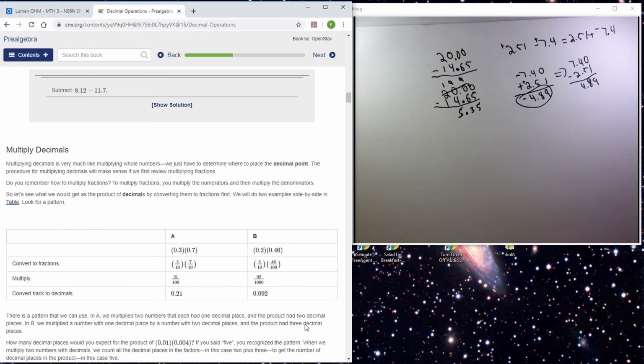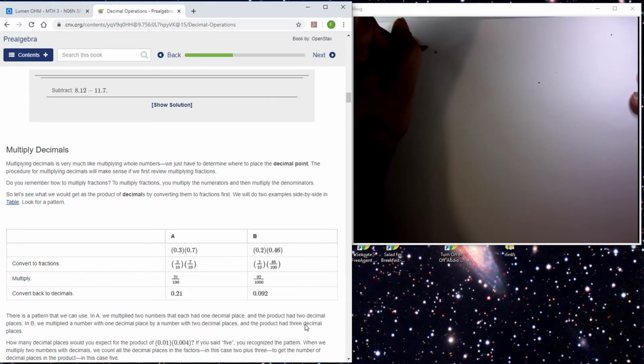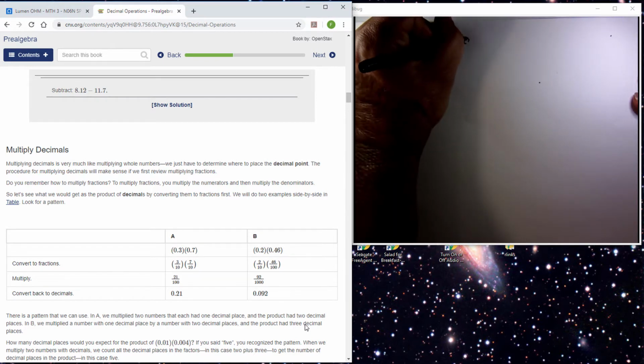Now we're going to look at multiplying decimals. Now when you're multiplying decimals, just like before, I said that you ignore the decimal point and just go ahead and multiply it as if they were whole numbers. For example, here, if I had a 0.3 and I had a 0.7, I count the number of places past the decimal.